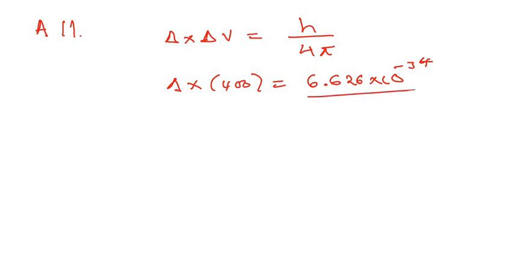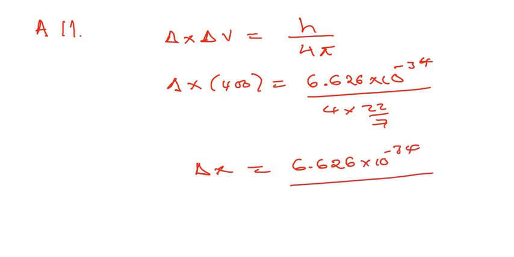So now down here we just have 4 times pi, which is 22/7. So this is uncertainty in position times uncertainty in velocity, because it says we cannot determine both the velocity and the position of an object. So this is going to be 400 times 4, then times 22/7.